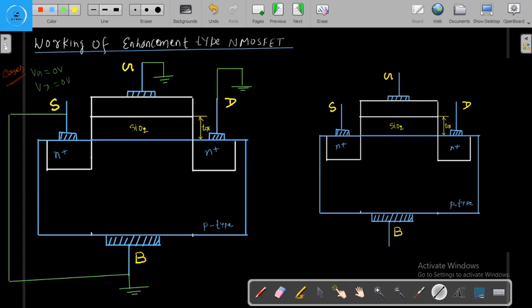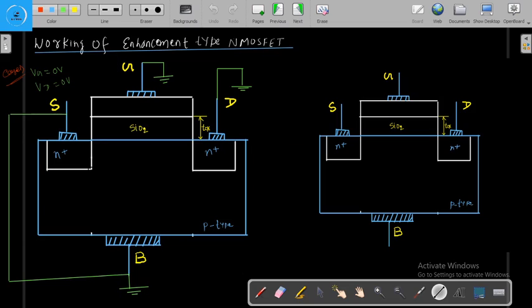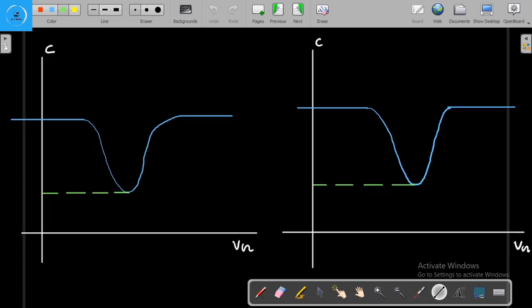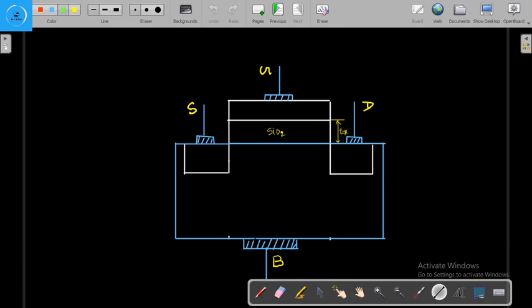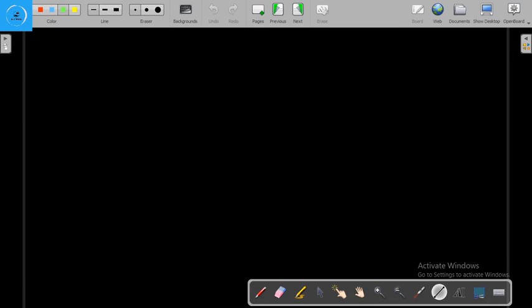As we know, to understand the operation of this, we have to understand what happens when a p-type semiconductor comes in contact with an n-type semiconductor. So let's see what happens.